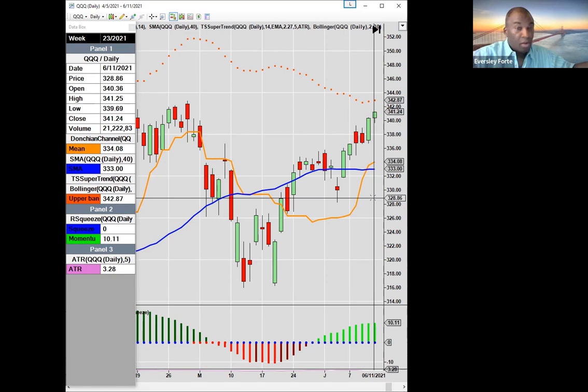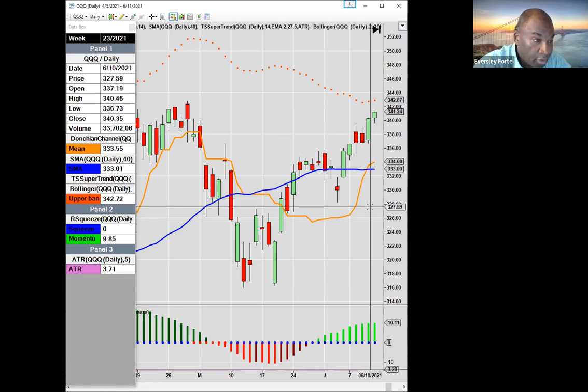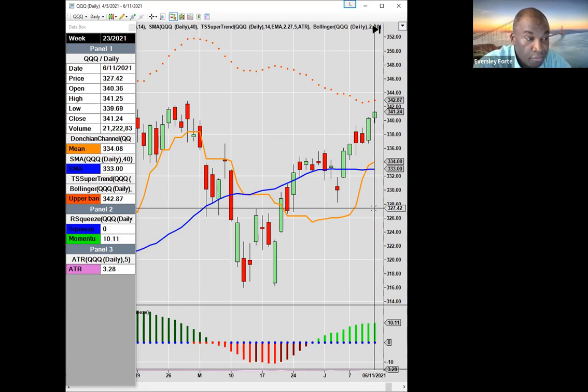Let's say we bought 1 call option. We then put in an order to sell, to close 1 contract when QQQ reaches 344.07. When the QQQ reaches $344.07, my order will automatically execute and sell to close my option contract.